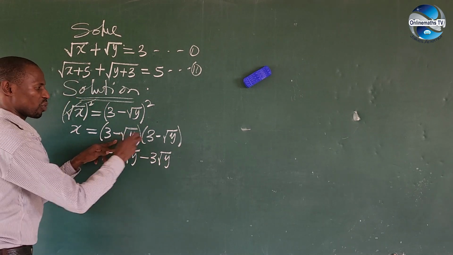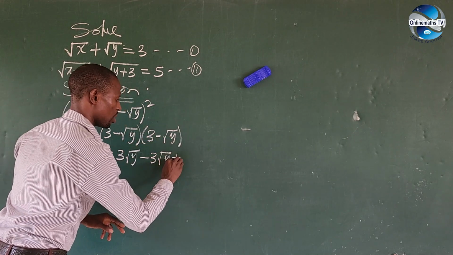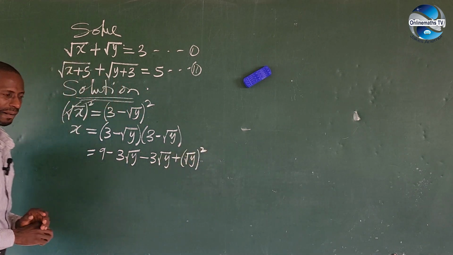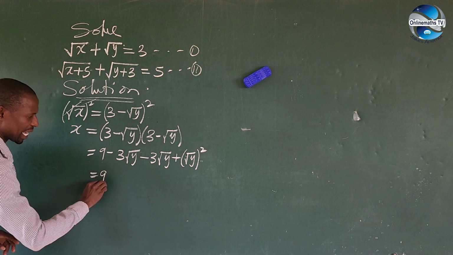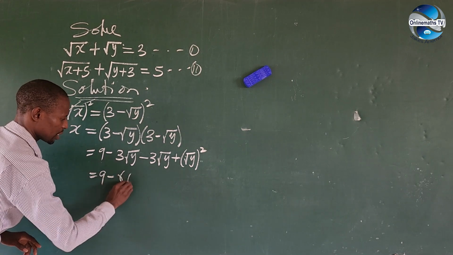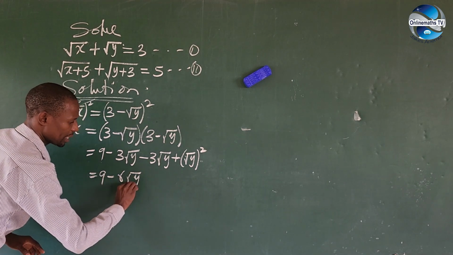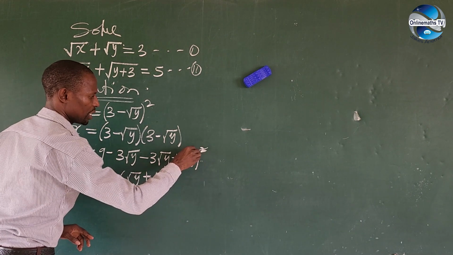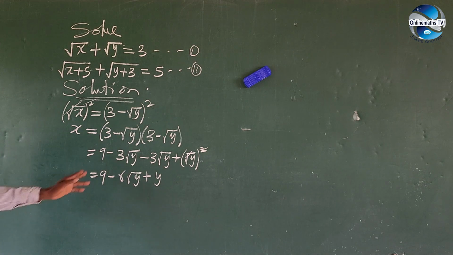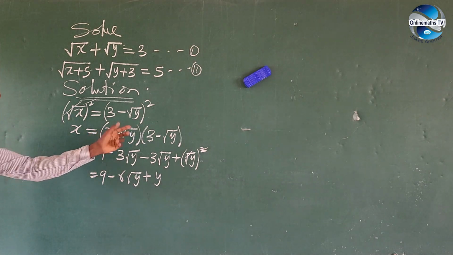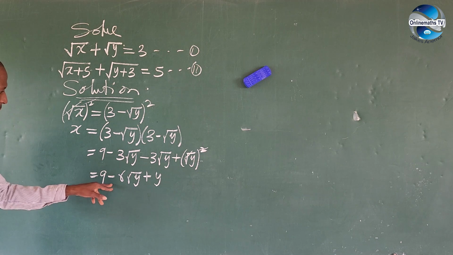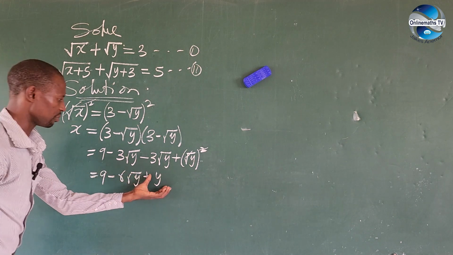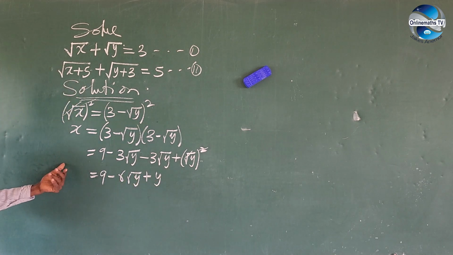And minus root y times minus root y gives plus root y squared, which is y. So we have 9 minus 6 root y plus y. That's what I said before, that the expansion gives 9 minus 6 root y plus y. Now I want to move this y to this side of the board.